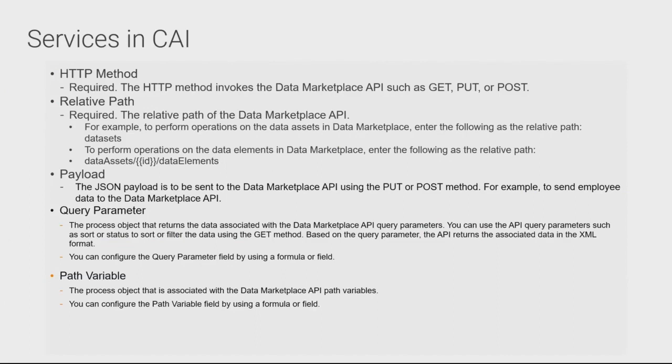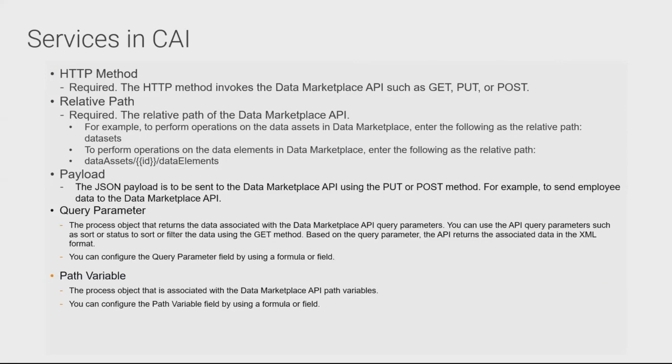Then we have a payload. It's just a JSON payload that will be sent to the data marketplace API using put or post. Then there are query parameters. We have already seen the query parameters in the documentation. Those are for further filtering down your request to a specific need.